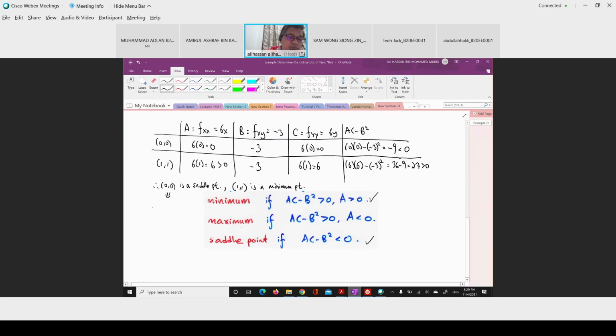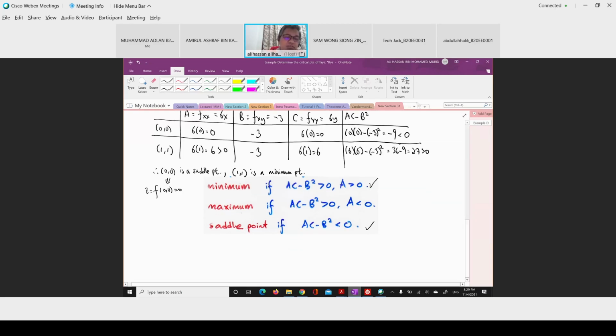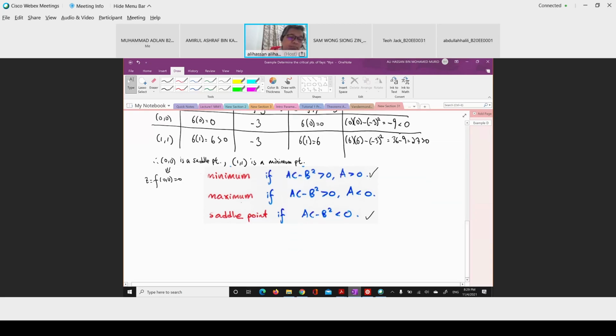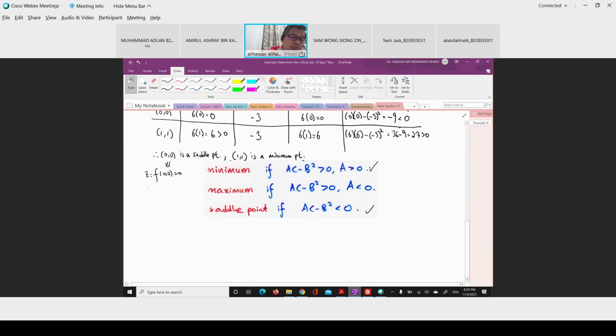Z is equal to f(0, 0), which is equal to 0, right? When x is 0, y is 0. The point is a point (x, y, z), right? So to be more precise, I should say this 0, 0, 0 is a saddle point.